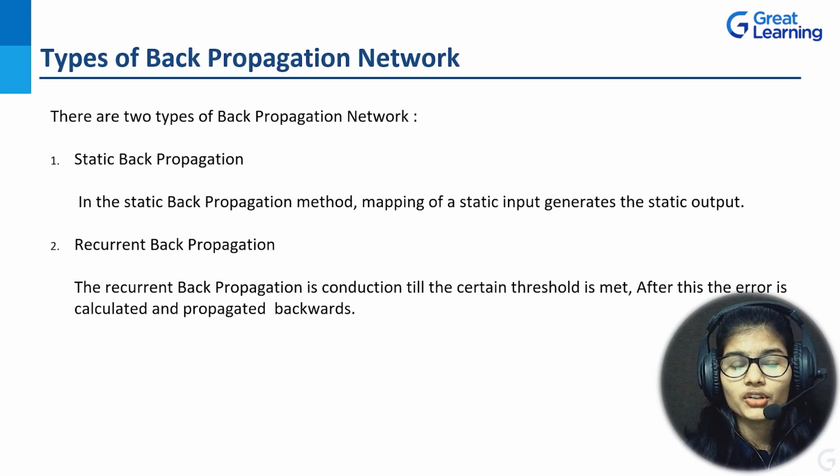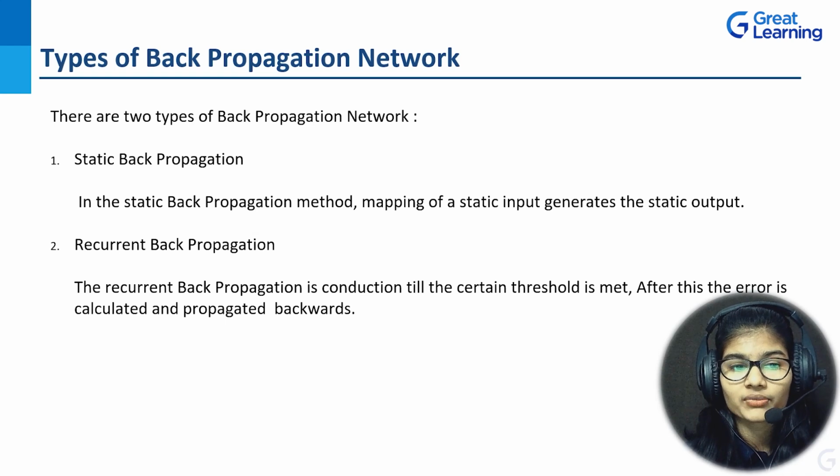Fine. So for the static back propagation, in this method, the static input is generated and mapped to the static output. So that happens in the static back propagation. And for the recurrent back propagation, it is conducted till a certain threshold is met.